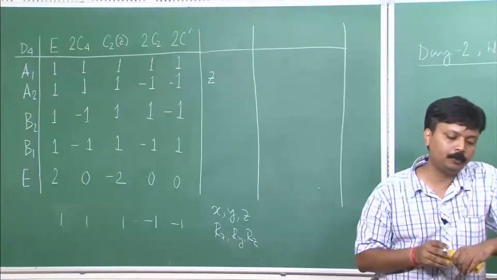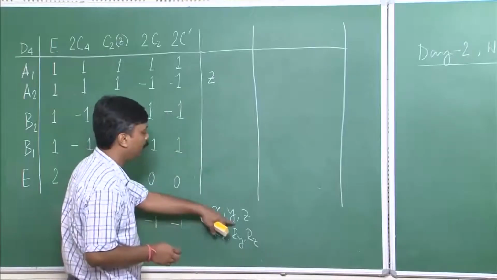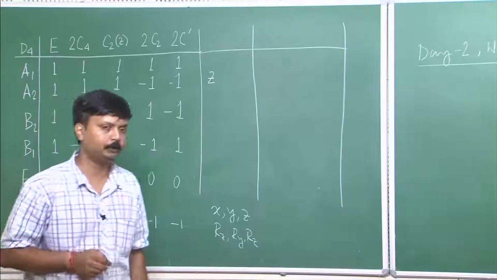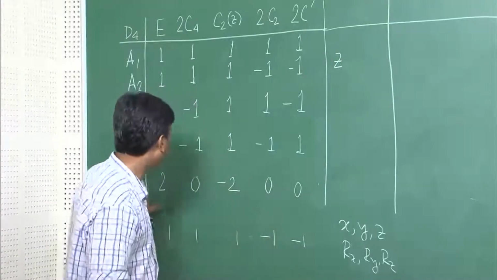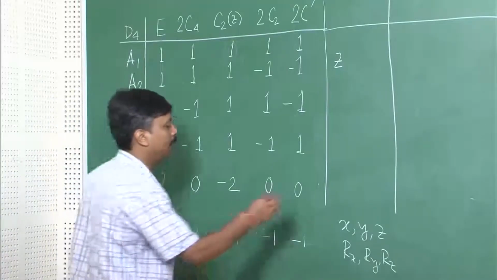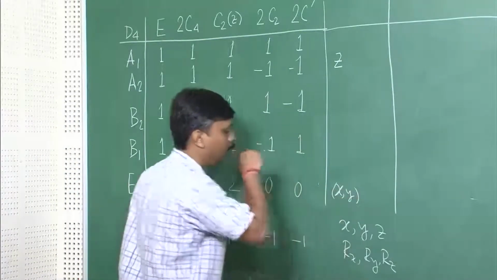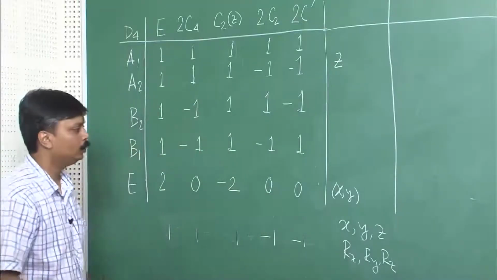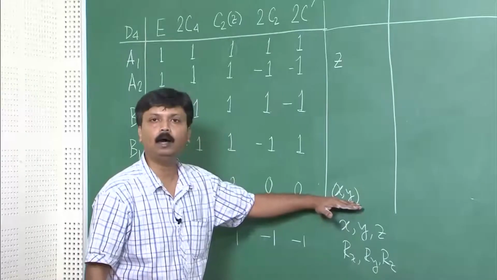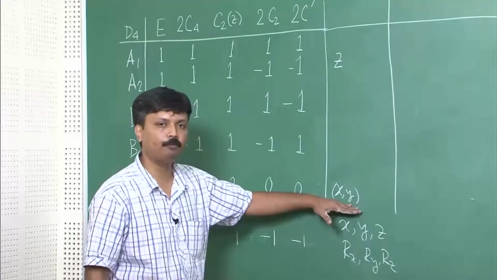Okay. So there we found that x y together form the basis, excuse me, for this 2-dimensional irreducible representation E. So what we can write is (x, y). Whenever you see this, then you will realize that x and y are not separable, and together they form the basis.